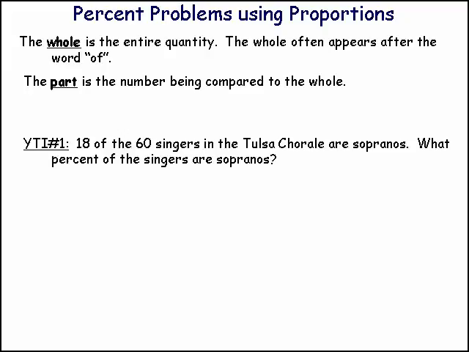Okay, so let's do you try it number 1. 18 of the 60 singers in the Tulsa Choral are sopranos. What percent of the singers are sopranos? So let's look at getting our information down. We need percent, we need the whole, and we need a part. So what do we have here?